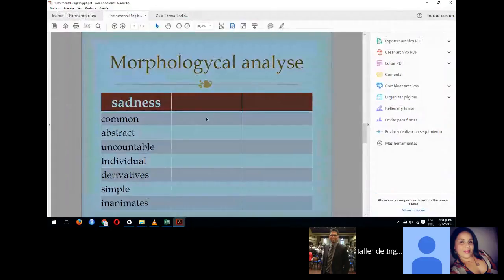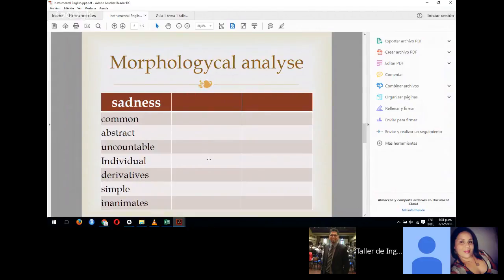It's a common noun. Okay, is it abstract or concrete? It's concrete because you can taste it. Is it countable or uncountable? It's uncountable because you can't count the liquid. Is it individual or collective? It's individual. Is this word derived or primitive?